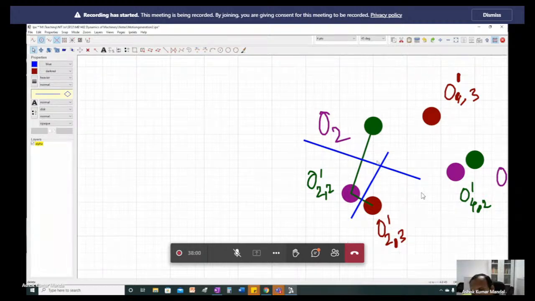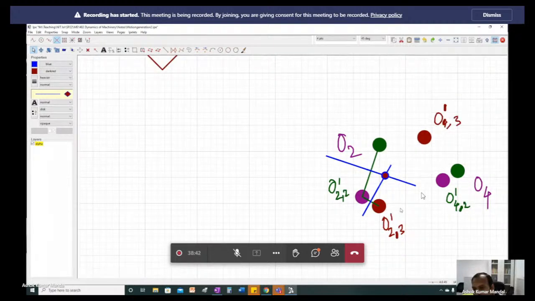This one and this one are perpendicular bisectors, and this is the point which is actually A. Okay, so let me make it solid. This point we now got is A, and where is point B?